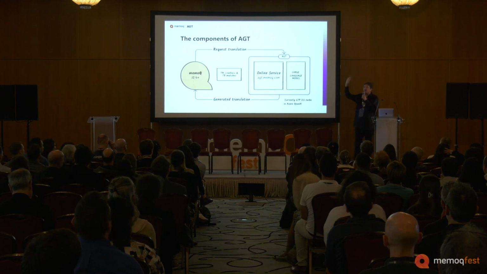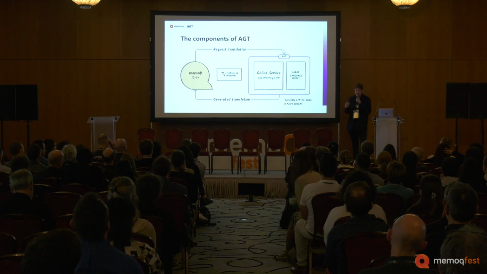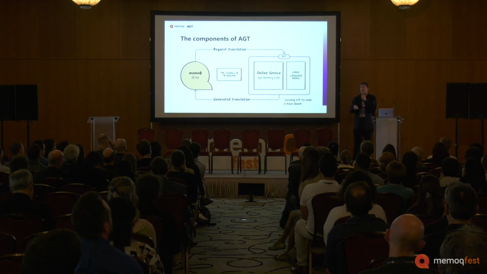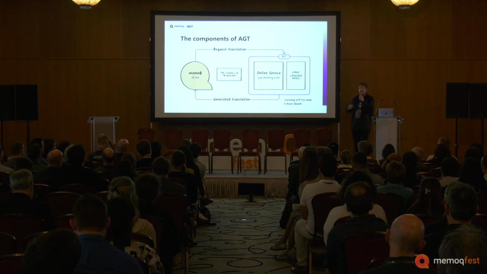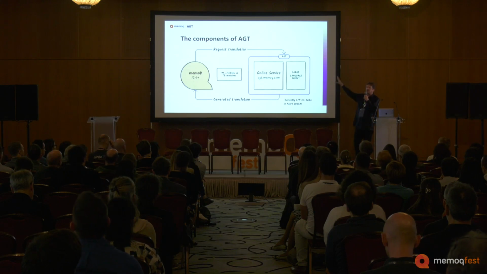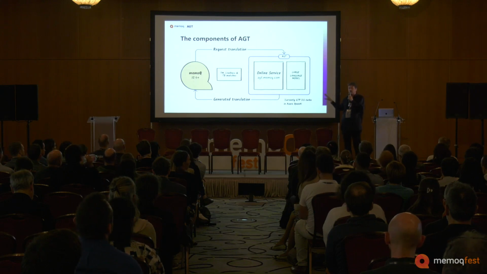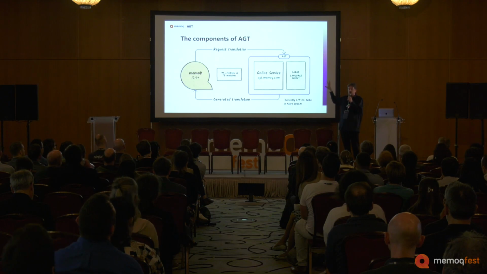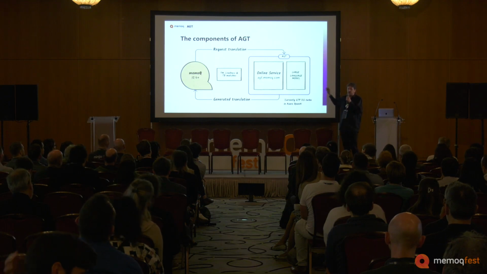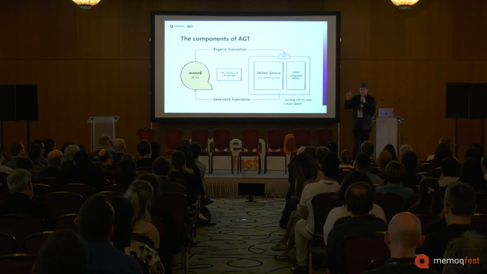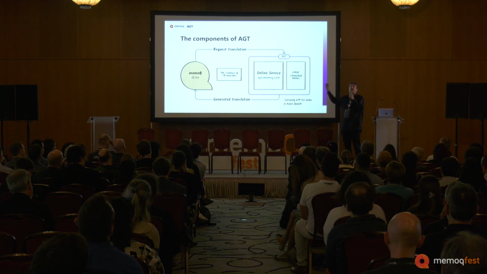It basically reads your document segment by segment, performs lookup for every segment, so it retrieves translation memory matches, live docs matches, terminology, puts this in a bundle, and makes a web request to an online service, which is the AGT service available at agt.memoq.com, which in turn takes this information, constructs dynamically a prompt, which it sends to a large language model.